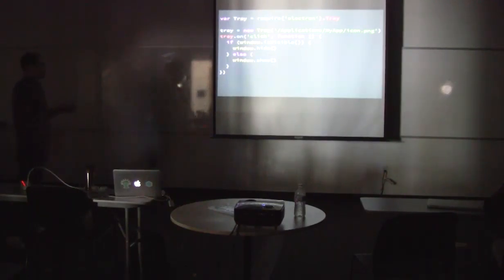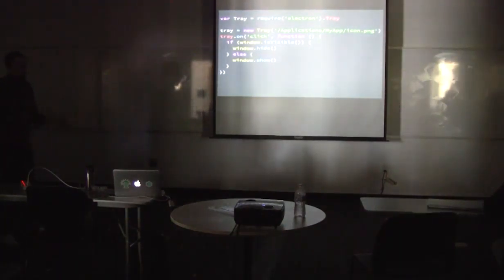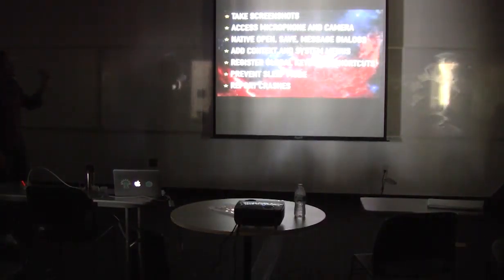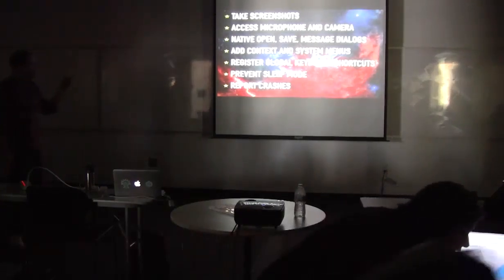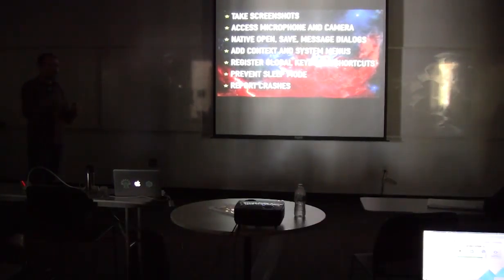And theoretically, the person that launches this app will not say, oh, this looks like just a website repackaged as an Electron app. No, it'll feel native, and it'll look native, and it'll kind of meet their standards for a native-y application. Some of the other APIs that you'll probably want to use to make your app feel native: one is you can take screenshots. Another is that you can access the microphone and camera without prompting the user.